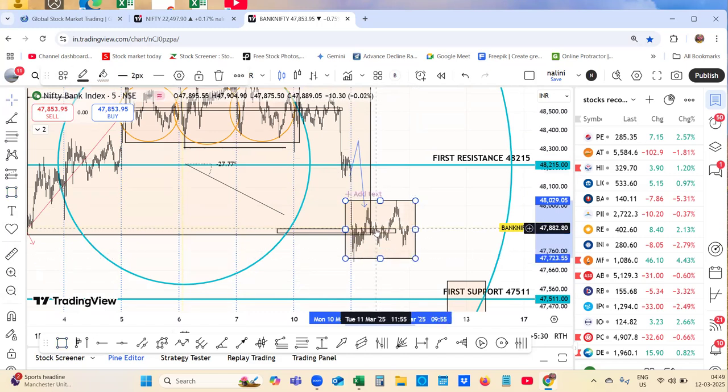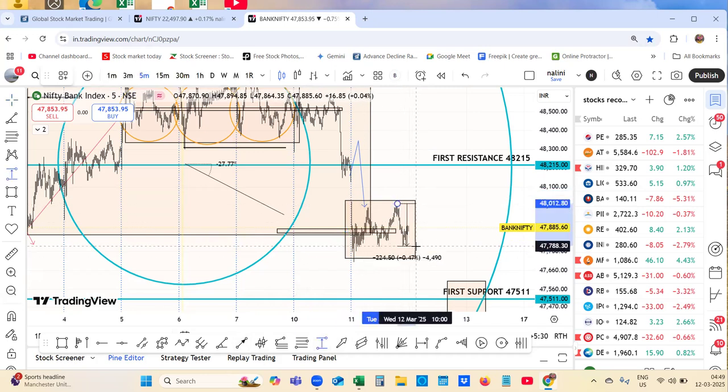In this situation, people should not trade, because you need to guess the high of the range and the low of the range, then you can trade. And the range was only around 224 points, which is a very small range for the Bank Nifty, because Bank Nifty's values are around 48,000, which is double the Nifty's levels.